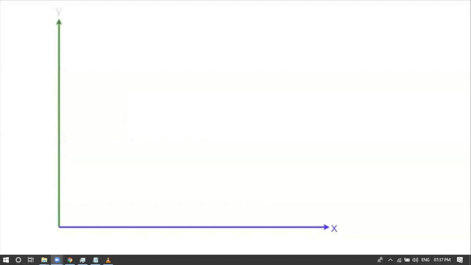Obviously it cannot go through all the points, but the one which goes through most of them, or is at least very close to the points. That's the kind of line we want to build in a linear regression model. So we'll see what exactly we do.